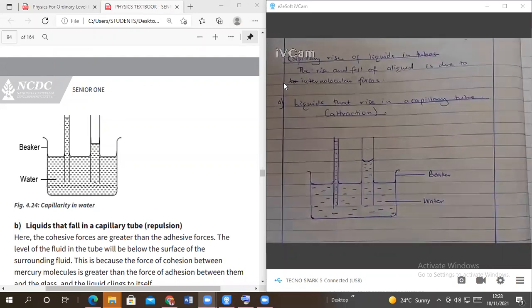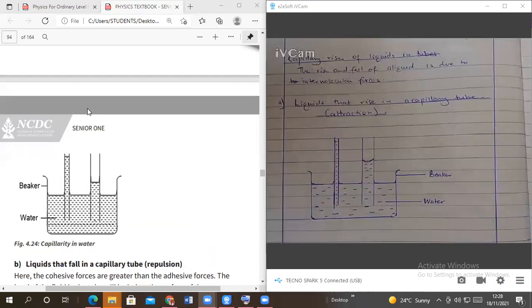Okay, so we are going to investigate, but let us first do that diagram. So finished.